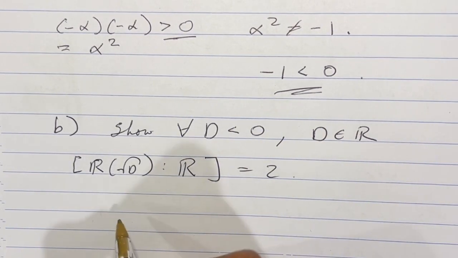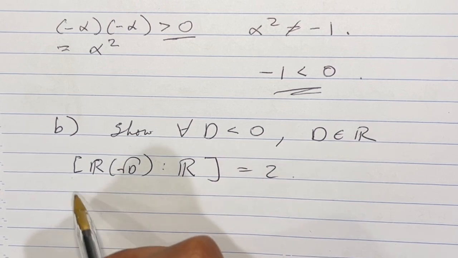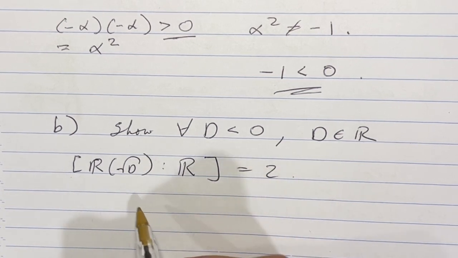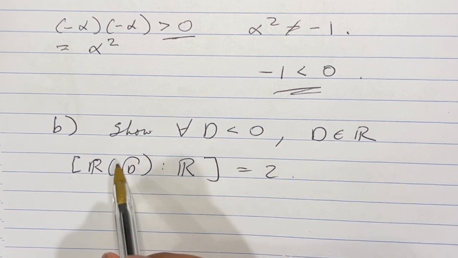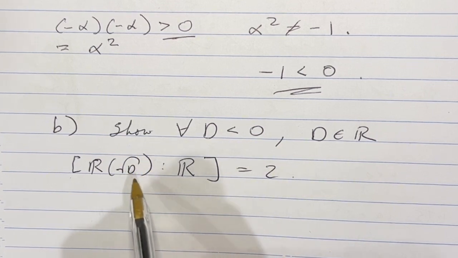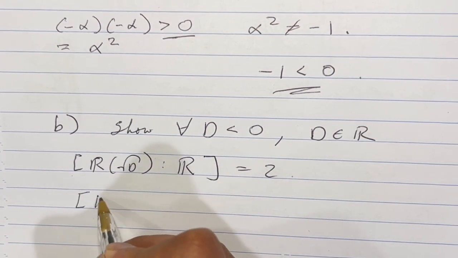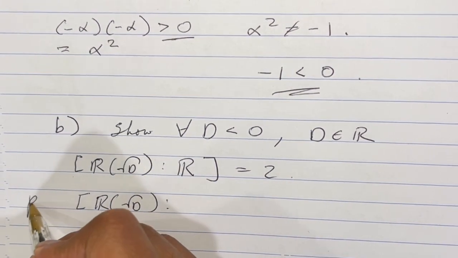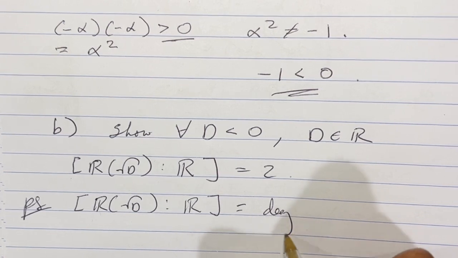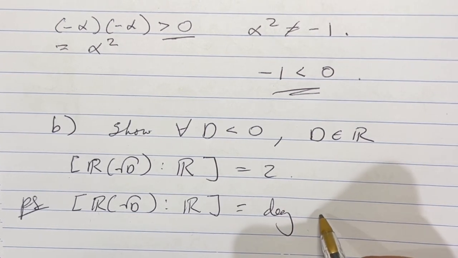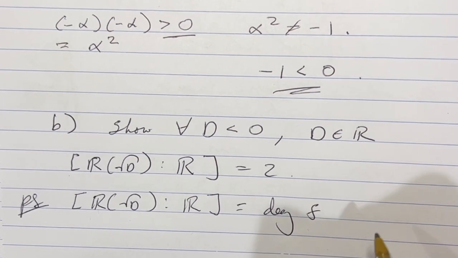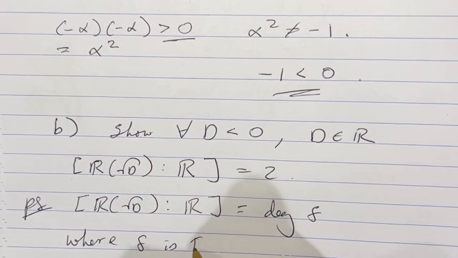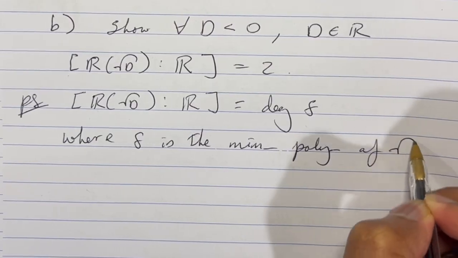Alright, to do this we're going to use the fact that the degree of the extension is equal to the degree of the minimal polynomial of this square root of d. So this is going to be the proof: degree of f, where f is the minimal polynomial of square root of d.